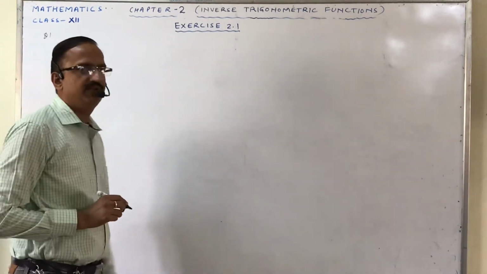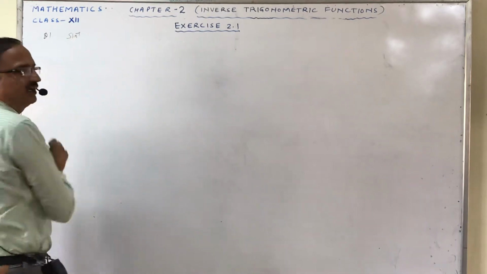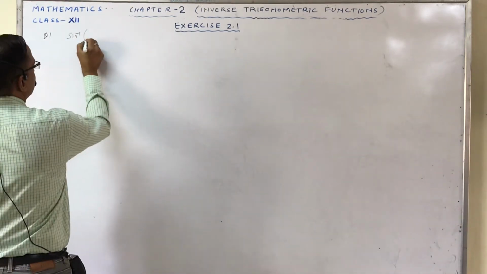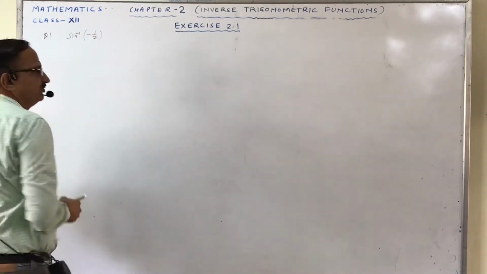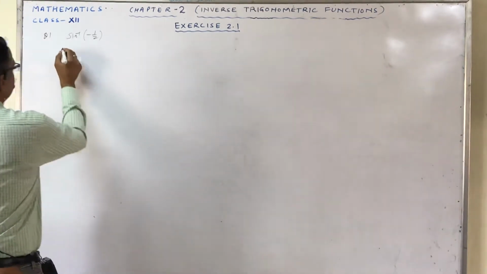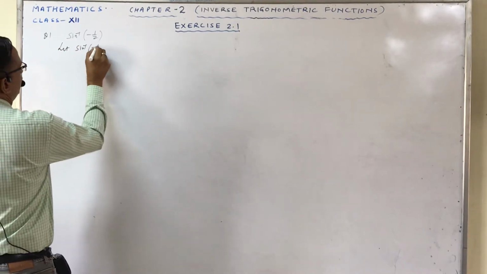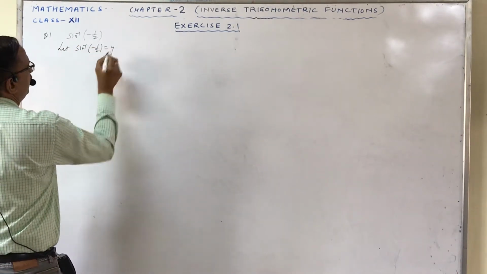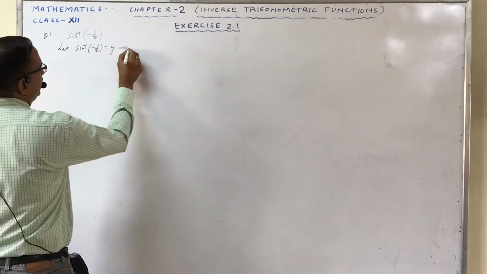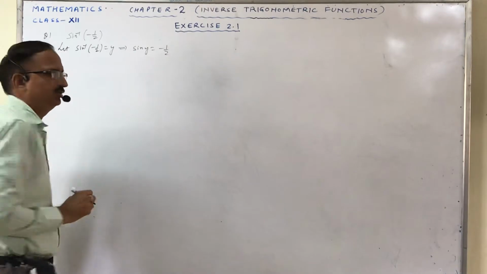In this, the function is sine inverse minus 1 by 2. Now, let sine inverse minus 1 by 2 equal y. Then this implies that sine y equals minus 1 by 2.